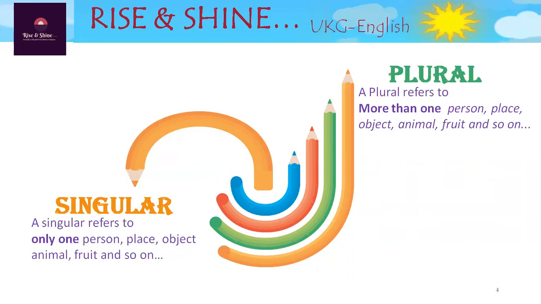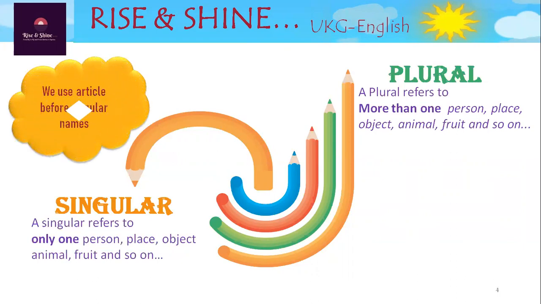So, one interesting thing we already learned in our previous session: article a, an. We use an article for the name which is only 1 in number. That means we use an article before singular names.